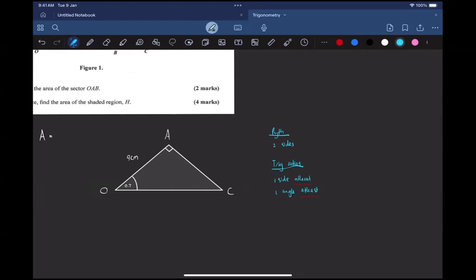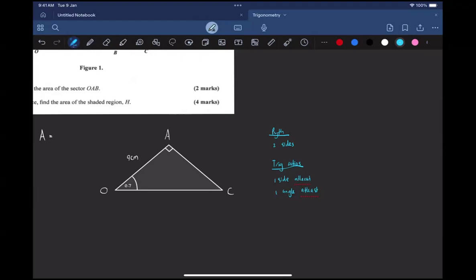Since we don't have the base and the height, we are forced to use which formula? The formula for the included angle. So we need to make an angle included.